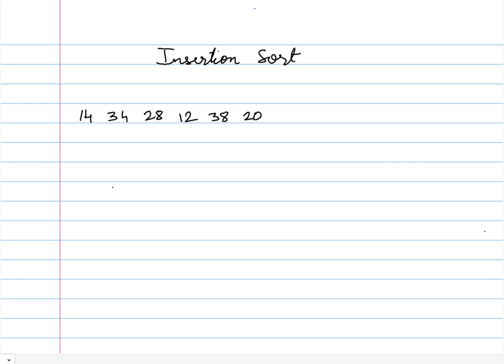Let us say we have an array consisting of 6 numbers stored at index 0, 1, 2, 3, 4 and 5. In the first phase, we'll compare elements stored at index 0 and index 1. We are trying to sort this array in ascending order.